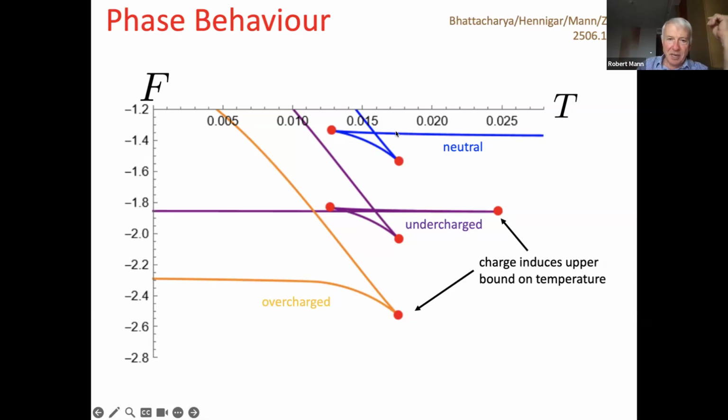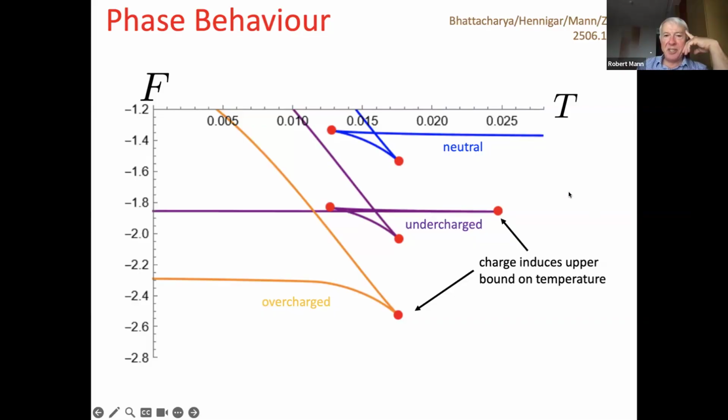But once you hit this temperature, it will be thermodynamically favorable for the free energy to drop and go into this state right here, which is a smaller black hole. And then it will evaporate up to here, and then it can't evaporate anymore along this branch, so it will jump up to the branch up here, which I cut off.